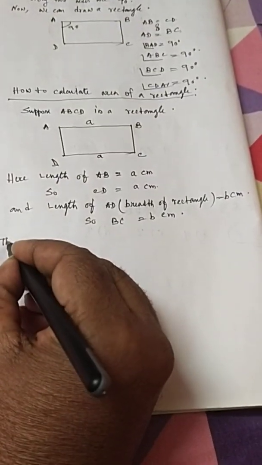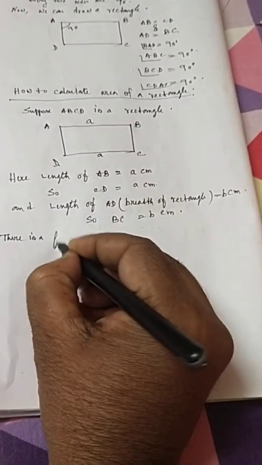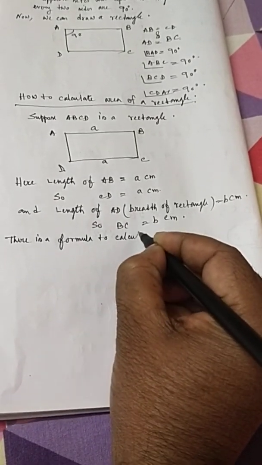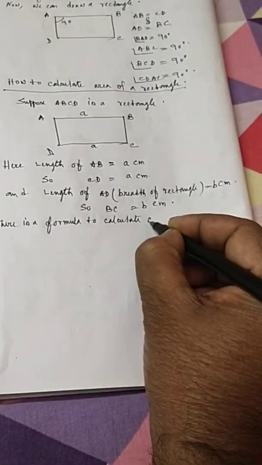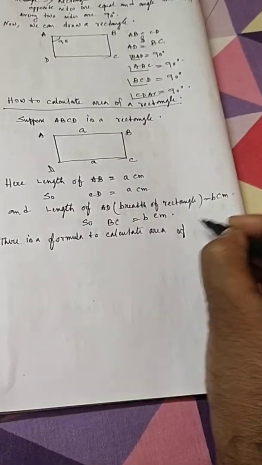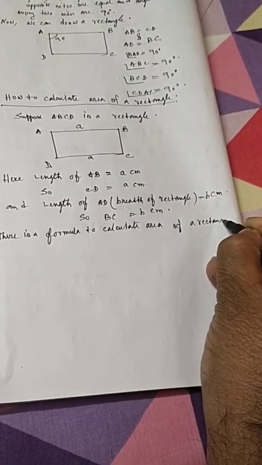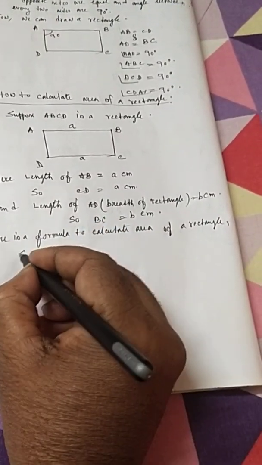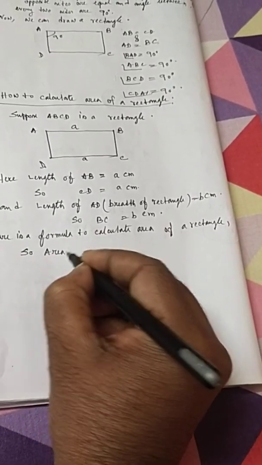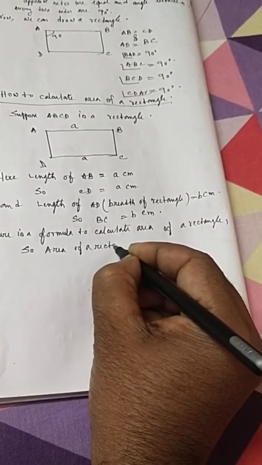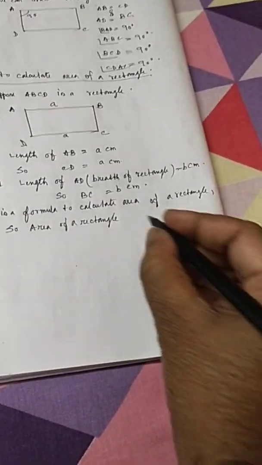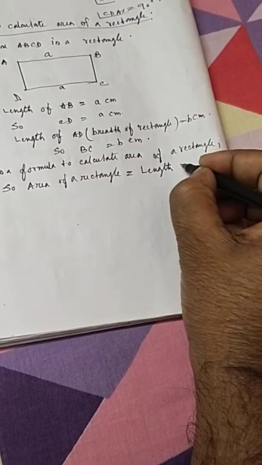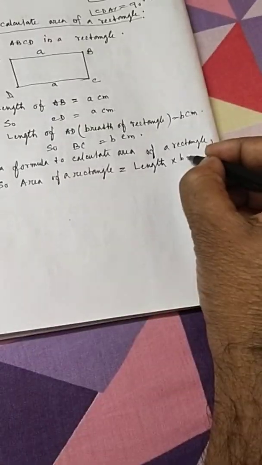There is a formula to calculate area of a rectangle. So area of a rectangle is length multiplied by breadth.